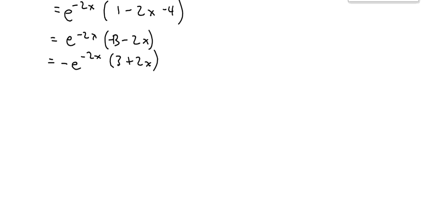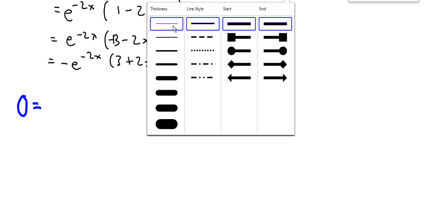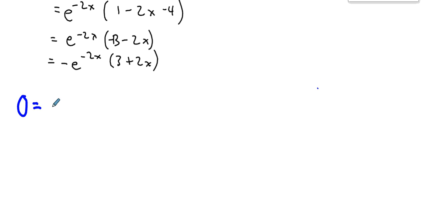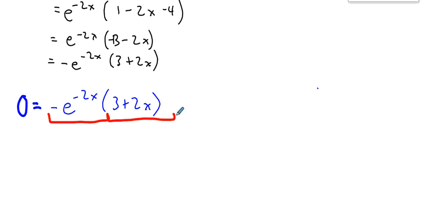So now I need to find the critical values. We set the derivative equal to 0, and then we solve for x. The reason why we factor is to produce two distinct things multiplied together. That means that if either of those things is equal to 0, we have a true statement.